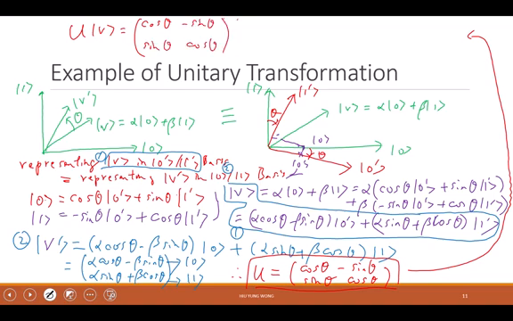What is V? Alpha, beta. V is alpha, beta. Which basis are we talking about? 0, 1. So very much like what we talked about before, but now we can visualize it. Do the matrix multiplication. What do you get?